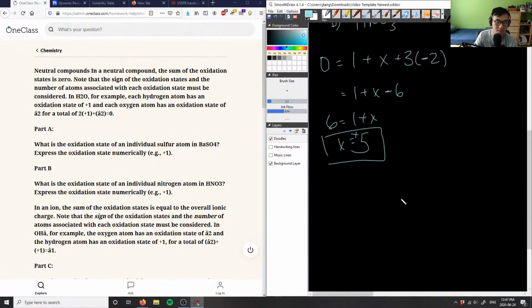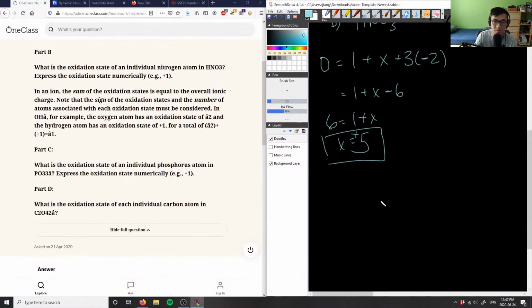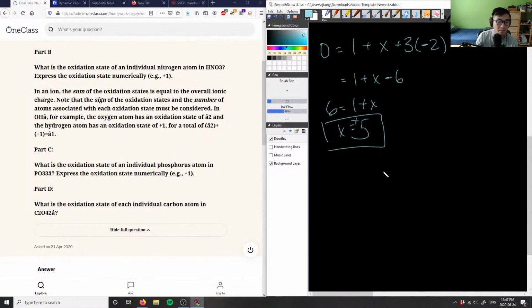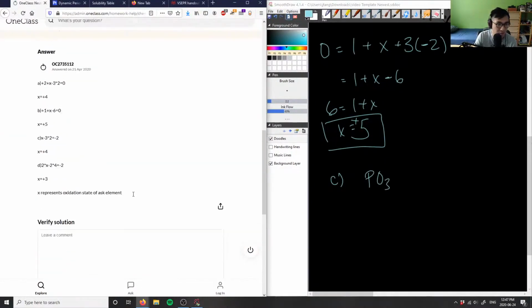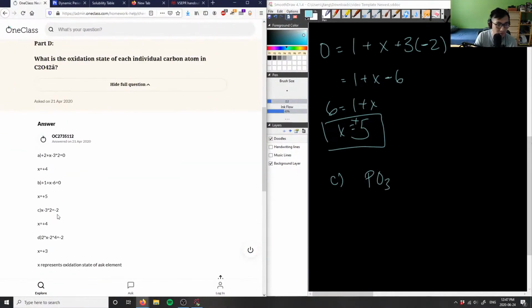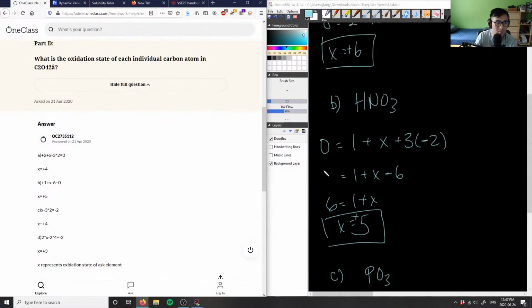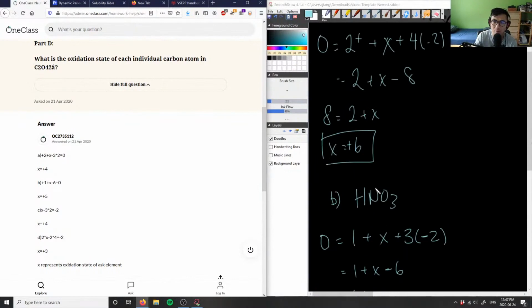And then finally for C, or actually we have C and D here. C is PO3. And then I don't know what that is. 3 plus, is it? Let me just check here. So they have plus, hold up here, this is 8.